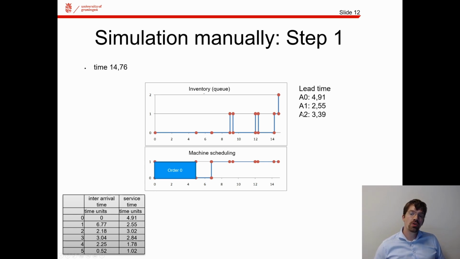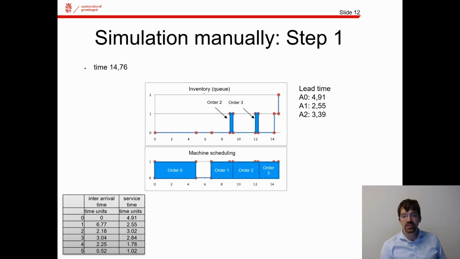Unfortunately, no more orders are ready up to time 15, because our simulation time or time of observation is up to time 15. So within this time frame, only 3 orders are completed. Order 3 is not completed because it's being processed in the machine.